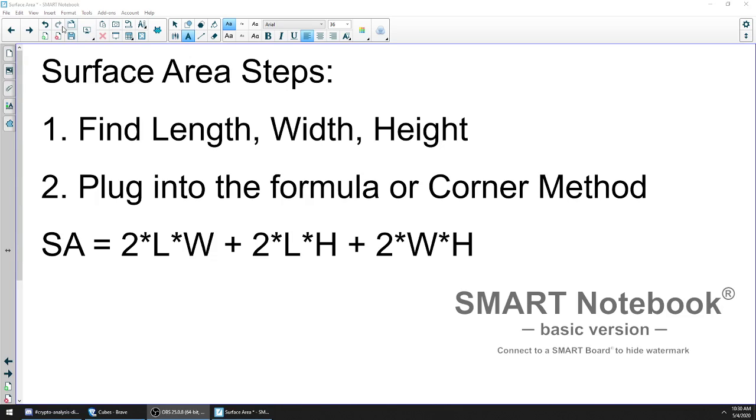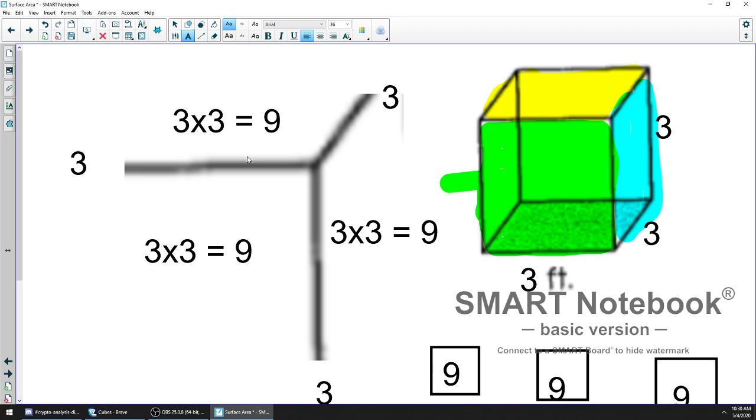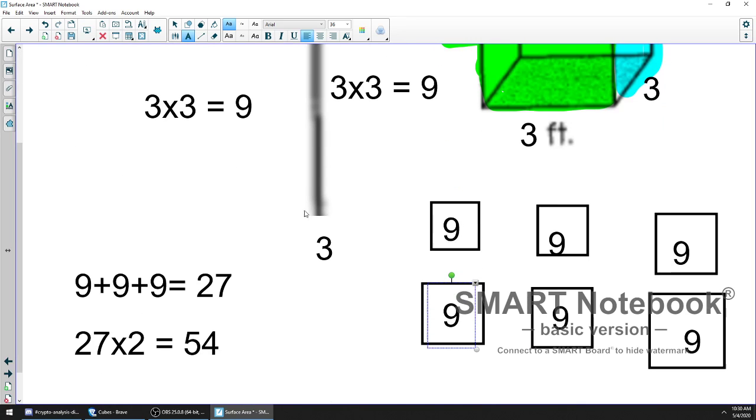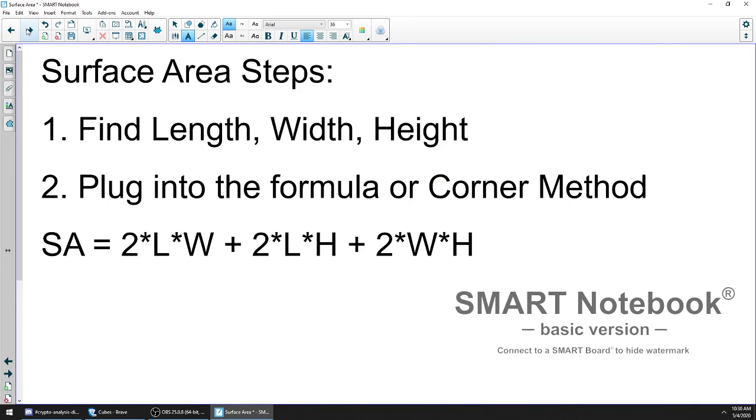I say corner method as this. Okay? And here's the equation. And that's really it. 2 steps. Find a length, width, and height. Plug it into your method. Okay?